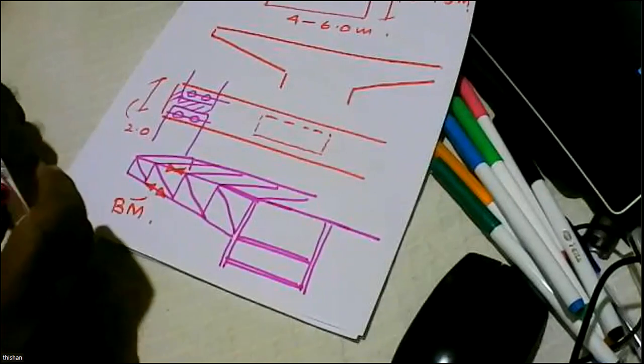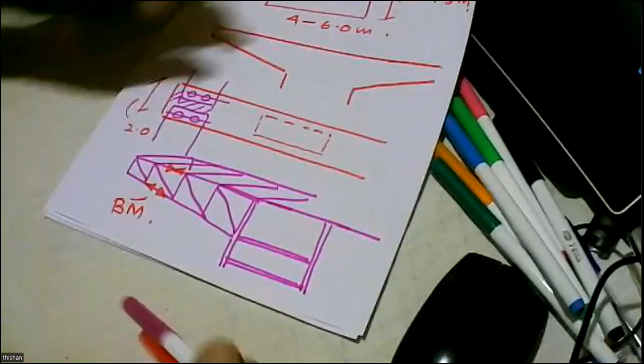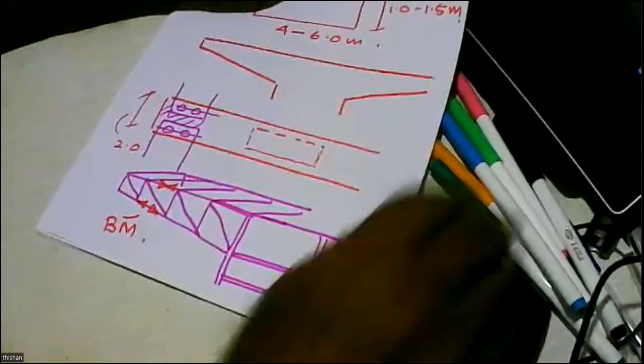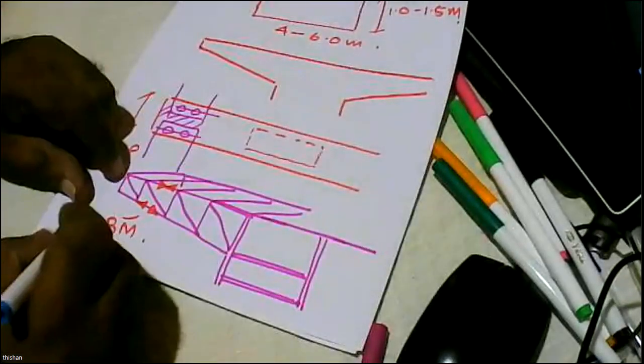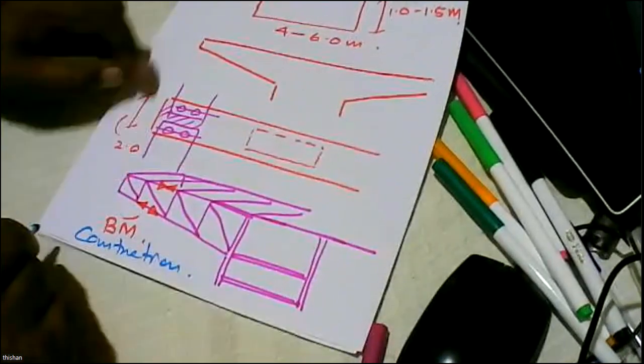So only thing is, because it is statically determinate, you can get these forces, but there are certain forces that you like to get some idea of. What are those? Those are the forces during construction. Those are the ones that occur during construction.